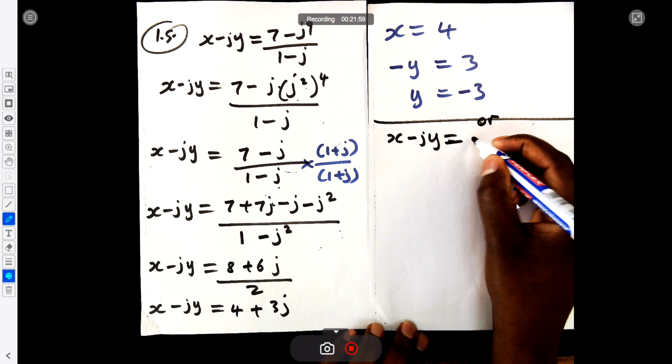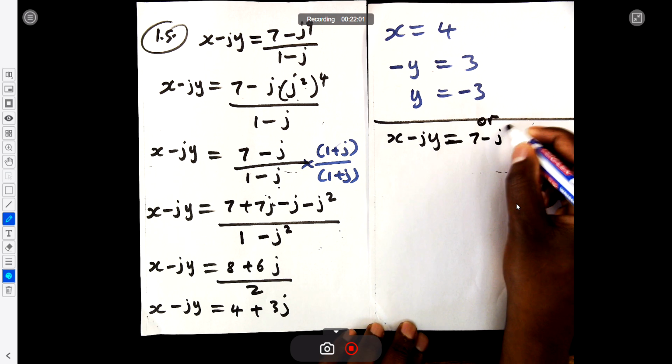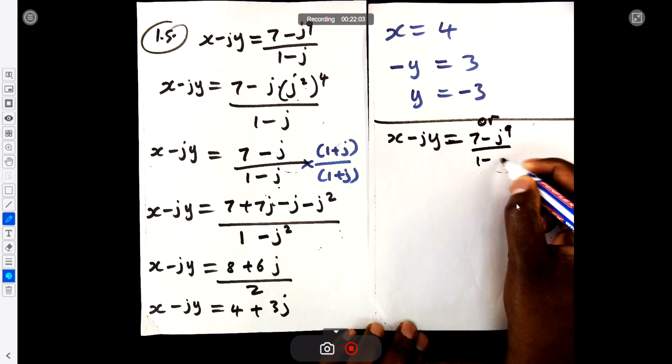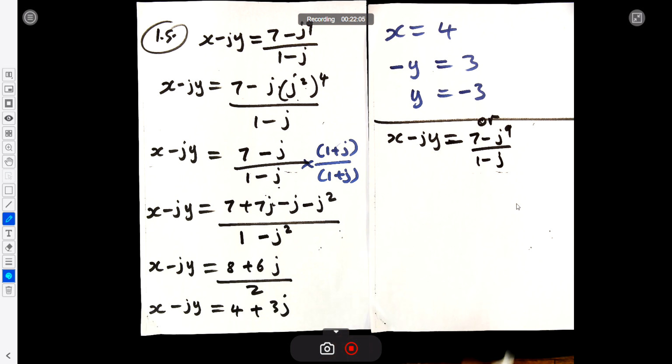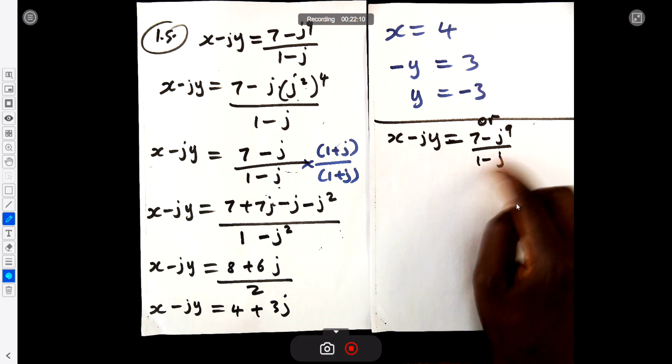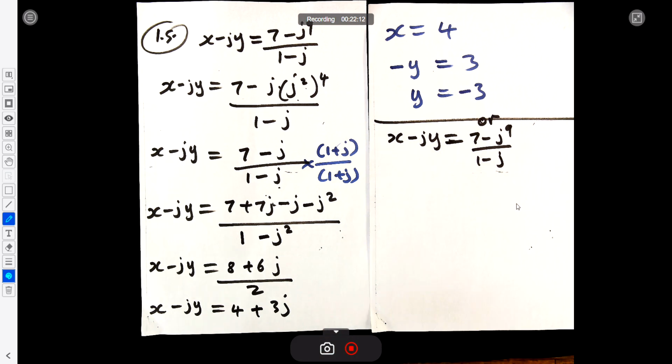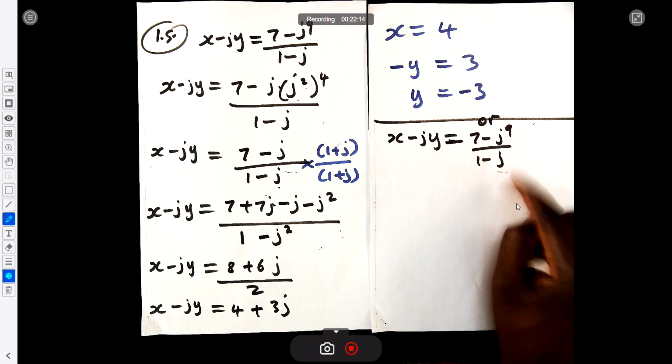We have 7 minus j over 1 minus j. So alternatively, you can solve it in this way. If you want to get rid of this denominator, because it's an equation, you can multiply on both sides by this denominator.